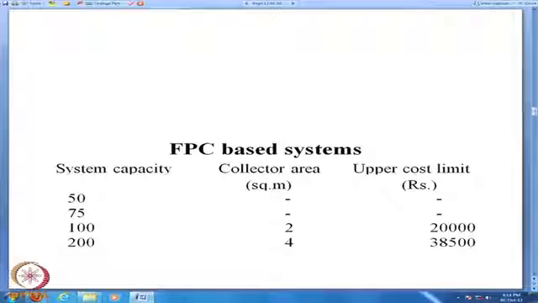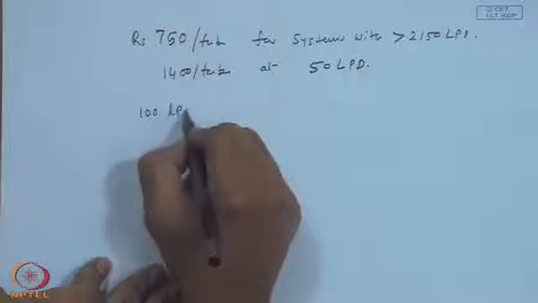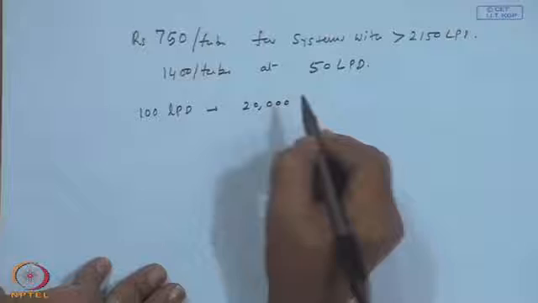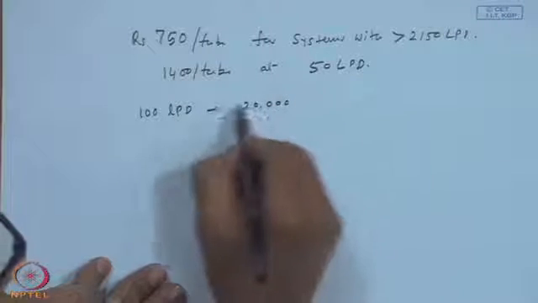Similarly, for a flat plate based system, 100 liters per day capacity, the upper limit specified is 20,000 for 2 square meters.